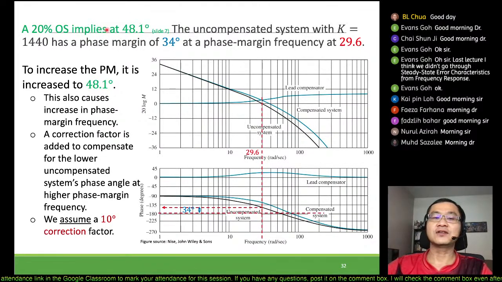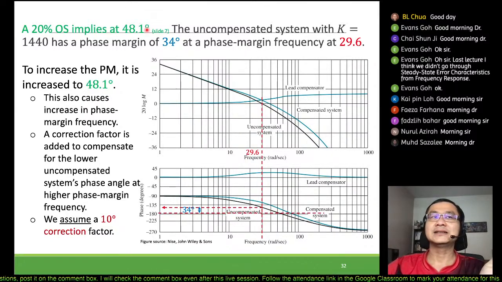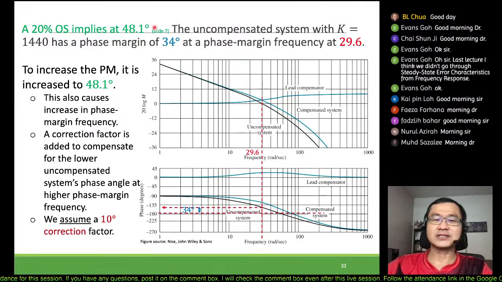You can always refer back to how you get this 48.1, using the equations given previously related to the damping ratio and OS. Just refer to slide number 7.